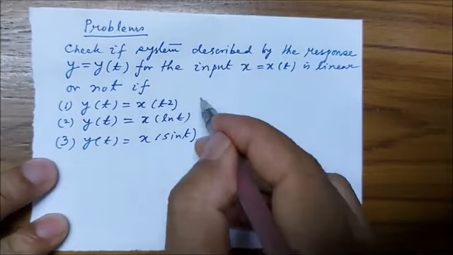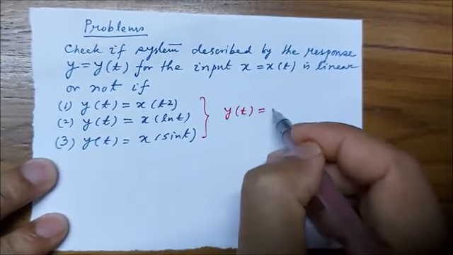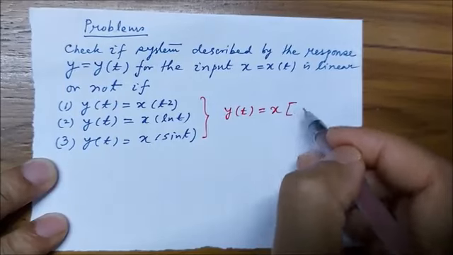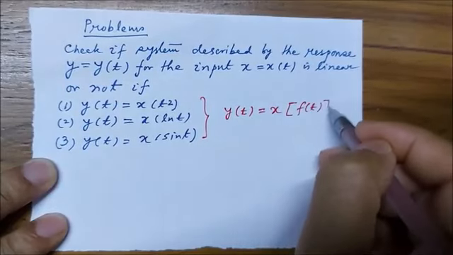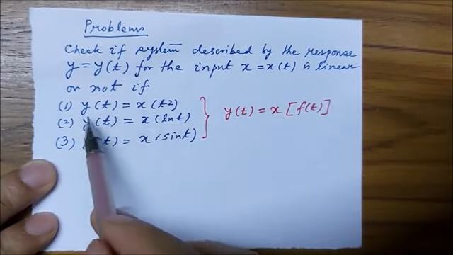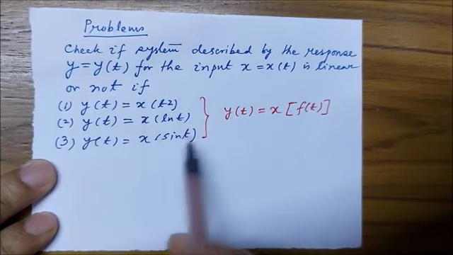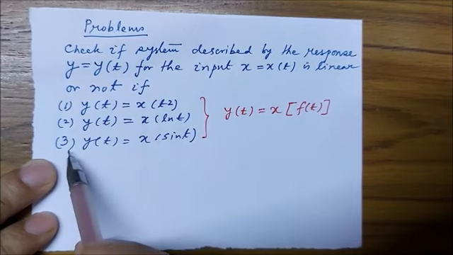Now these are similar problems of the type x of some function of t, and f of t is t square in problem 1, f of t is ln of t in problem 2, and f of t is sine of t in problem 3.